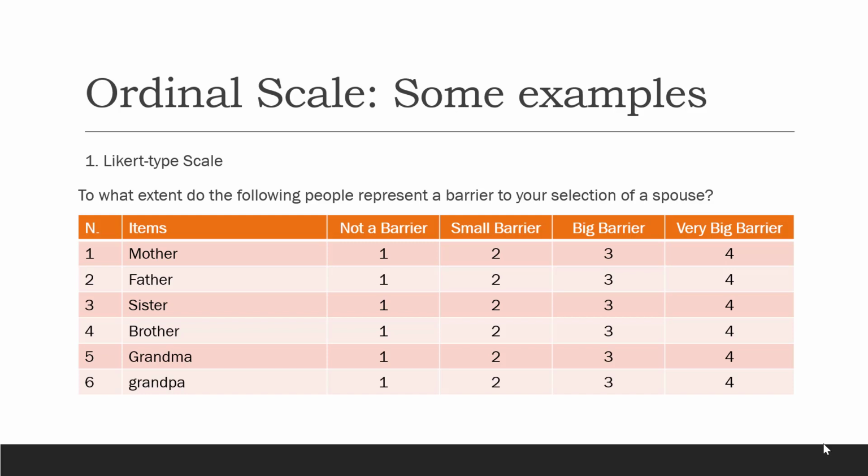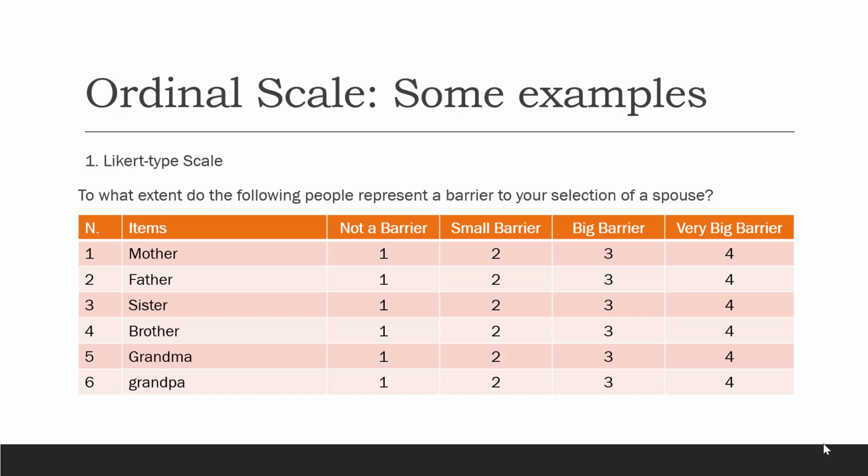For example, this is a question that we ask the respondent: to what extent do the following people represent a barrier to your selection of a spouse, of a life partner? And we provide 4 response categories: not a barrier, small barrier, big barrier, and very big barrier.